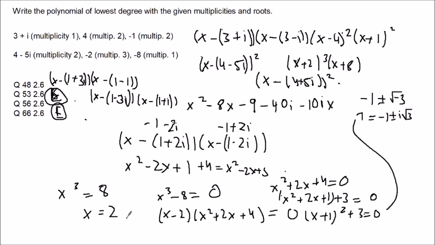So your 3 results are 2, minus 1 plus i square root of 3, and minus 1 minus i square root of 3. It's really interesting why you get these minus 1s and stuff, but you get them.